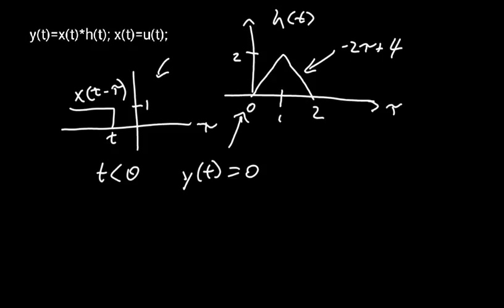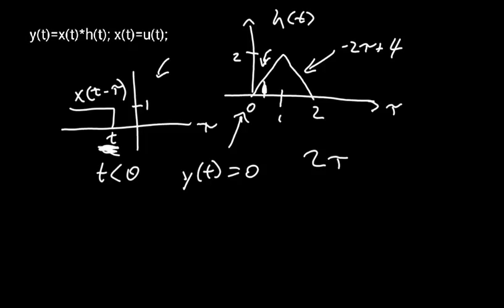Okay, now as this front edge right here starts moving towards this part, so it goes 2, 1, it's being convolved with this equation right here, which is going to be 2 tau.